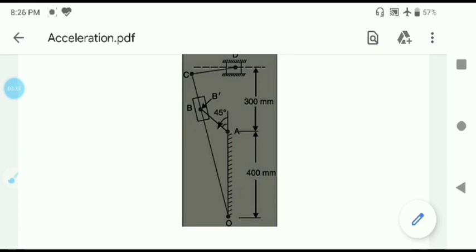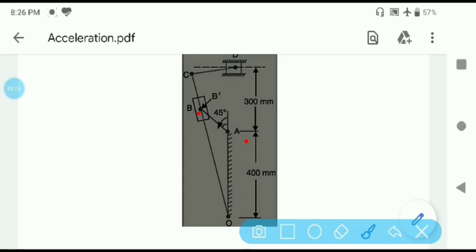But in this particular mechanism, if you consider one particular link, that is the slider B, if you closely watch, it will have a relative motion with respect to point A, which is nothing but a rotational motion, because AB is the crank.